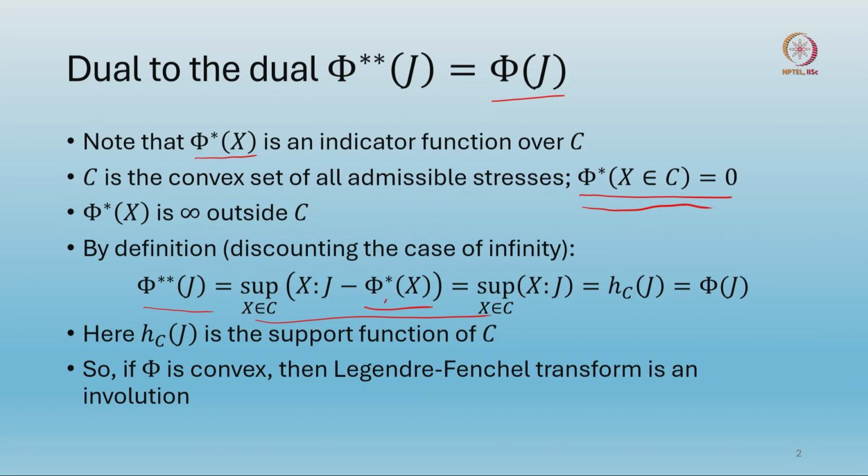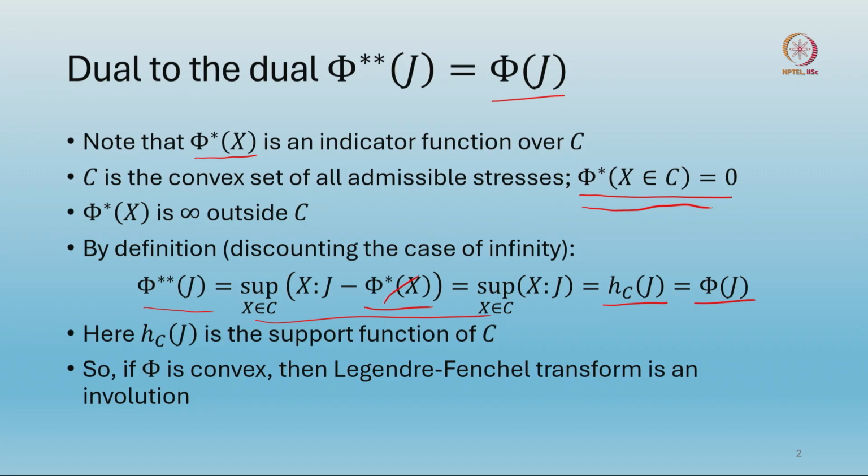So, this goes off, and what you have is just the supremum over x of x inner product j. But by definition, this is nothing but the support function over the set C as a function of j, correct. You should recall the definition of the support function from our previous lecture. This support function by definition is also phi j, because we find our dissipation potential phi j based on the support function over this set of admissible stresses.